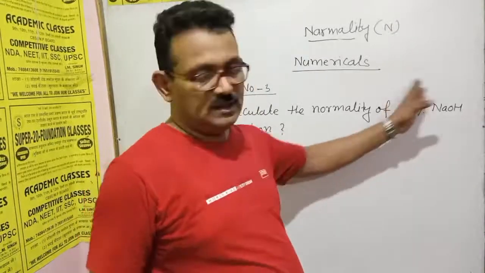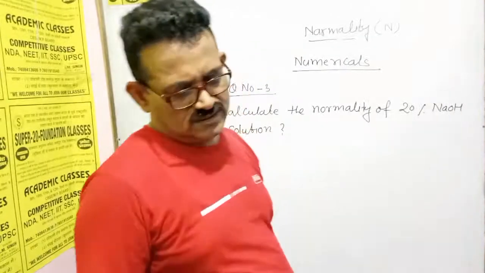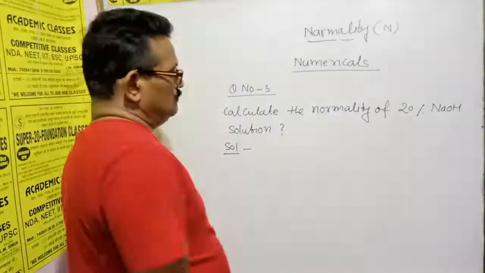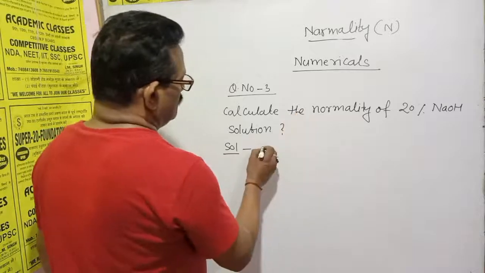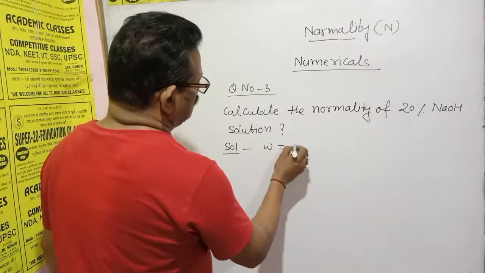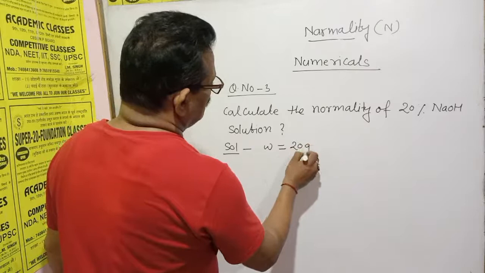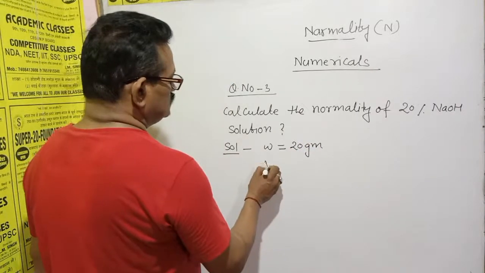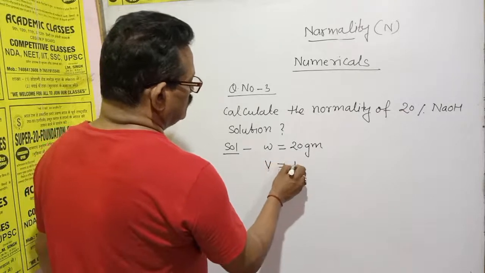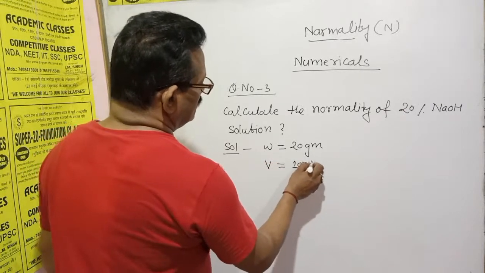This is the meaning of 20% NaOH. So the weight of solute is 20 gram, and the volume of solution is equal to 100 ml.